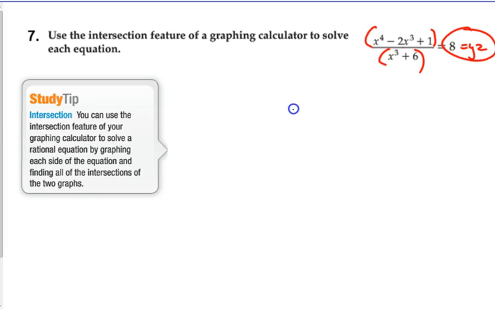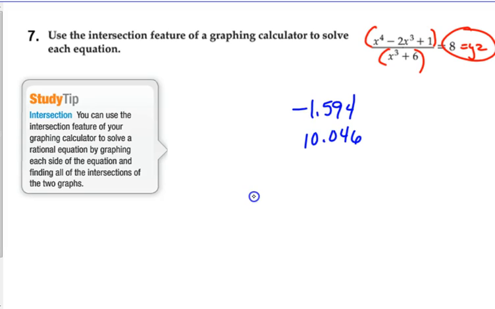I'm just doing the intersection, and I get negative 1.594, and the other is positive, 10.046. Okay.